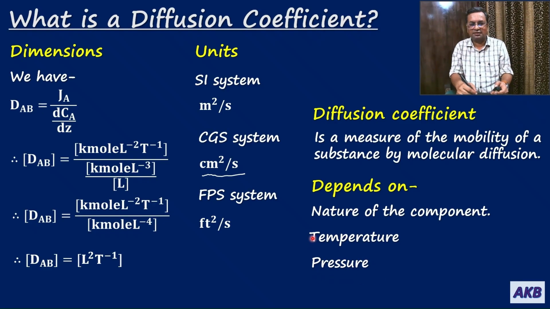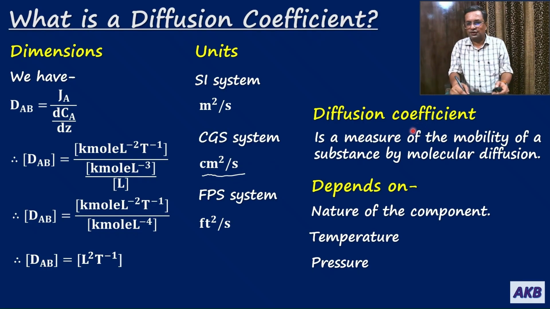So over here, we have understood that the dimensions for the diffusion coefficient are L raised to 2, T raised to minus 1. Then the units are meter square per second in the SI system, centimeter square per second in the CGS system, and feet square per second in the FPS system, and mostly in the literature the values are reported in centimeter square per second.